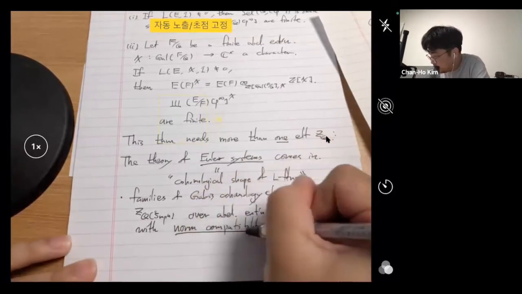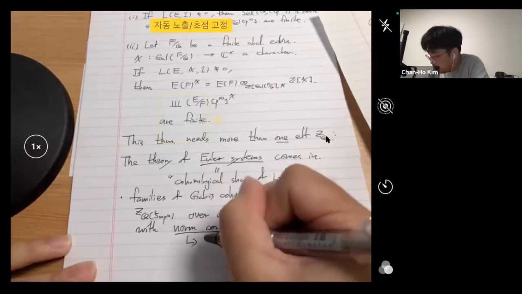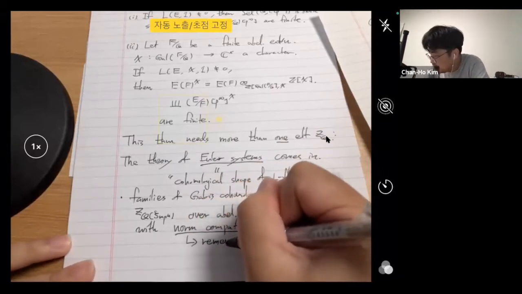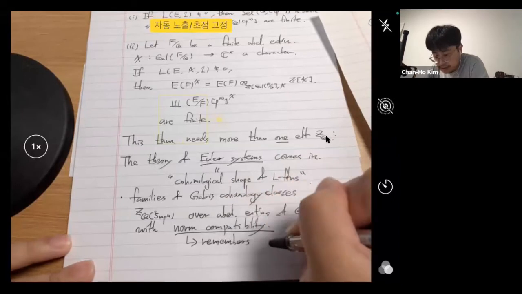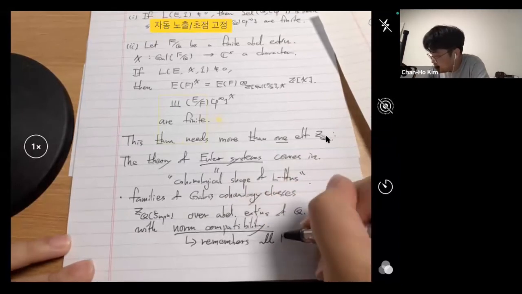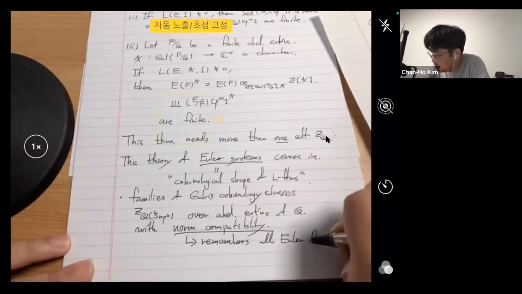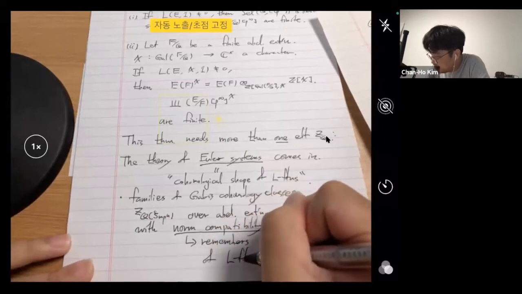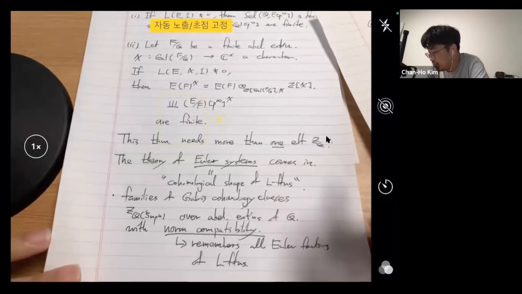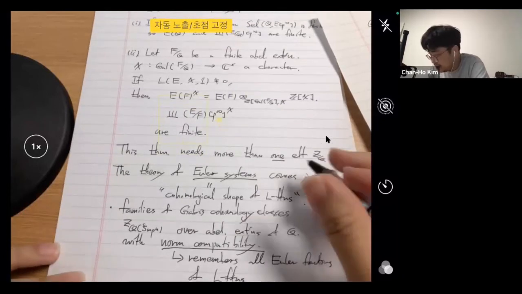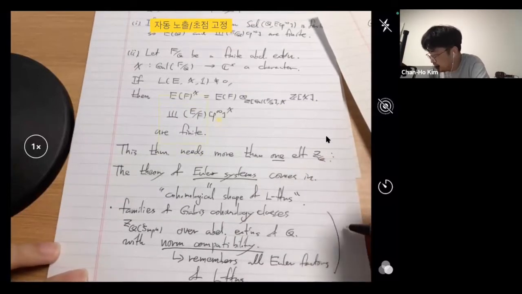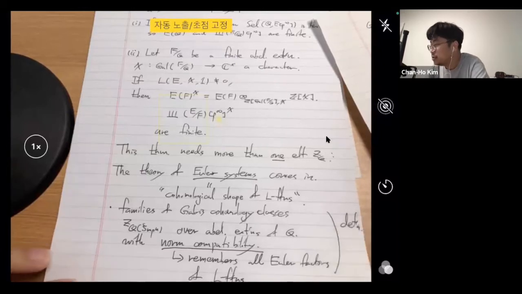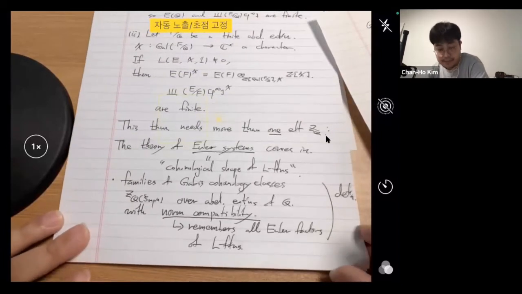And this norm compatibility remembers all Euler factors of L-functions, so it seems reasonable to add the word Euler here. This is kind of the definition of an Euler system.